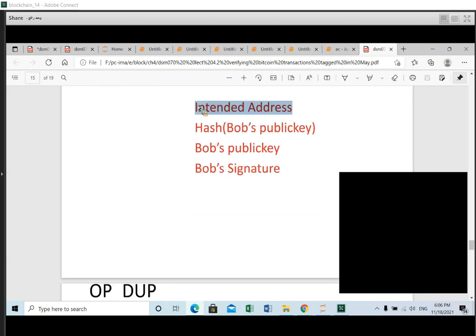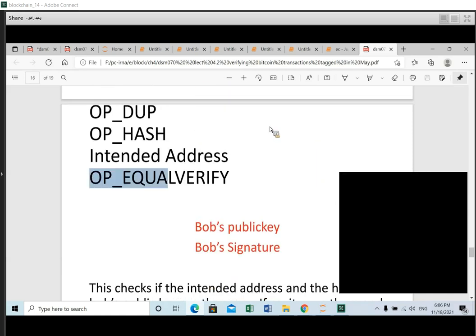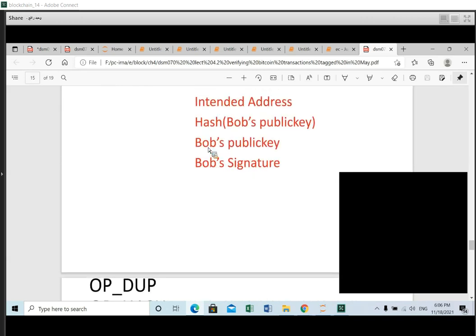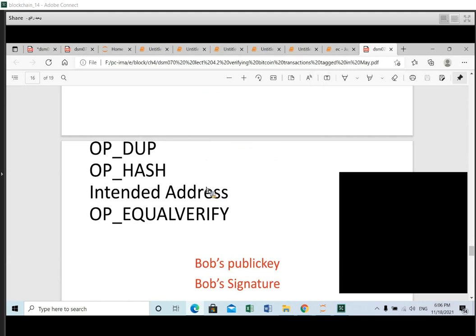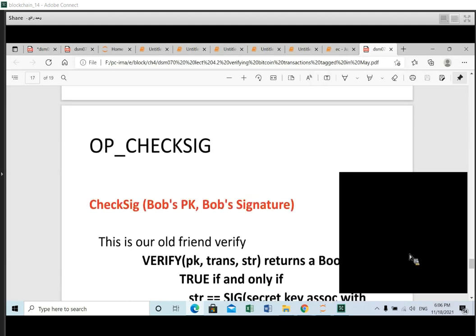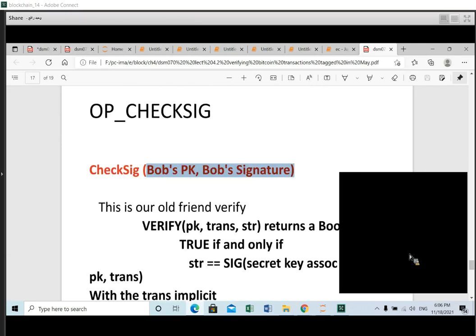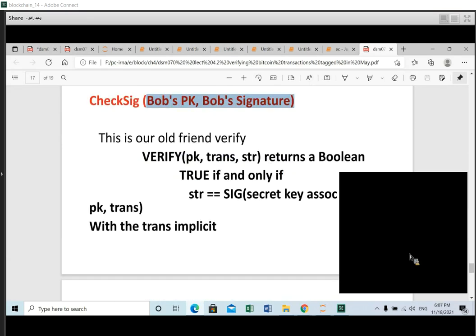This is the address that Alice showed in the transaction. OP_EQUALVERIFY checks that these two addresses must be the same. So here Bob is trying to prove that this is the right address, and finally OP_CHECKSIG checks that the signature is true, and that's it.